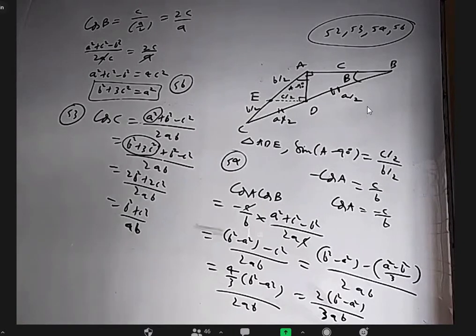Try 55. Anybody any doubt in any part of this?